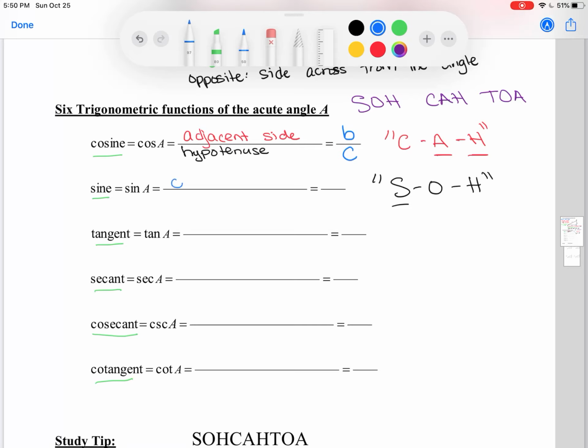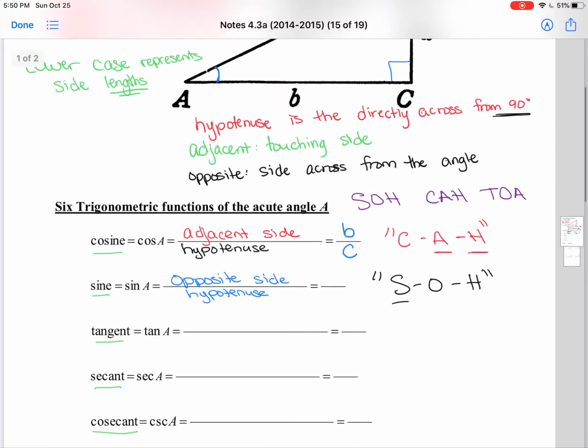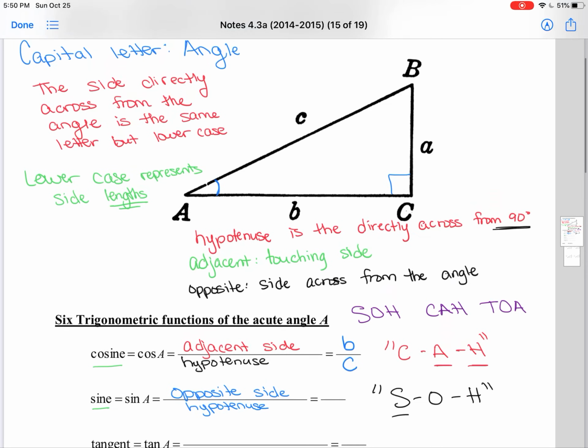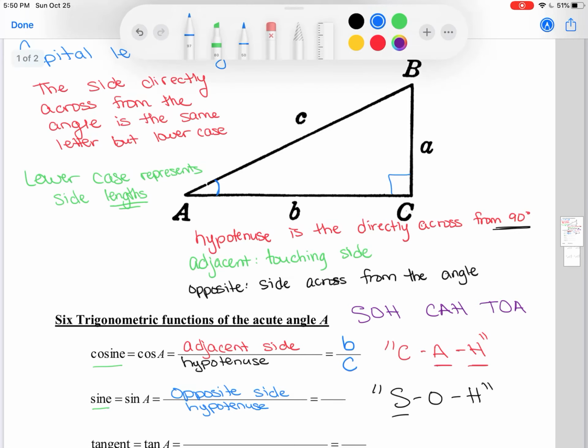Then if I move to sine, we're going to talk about SOH. So we have sine first, that's our S. Then O tells us that it's our opposite side divided by our H, which again is our hypotenuse.